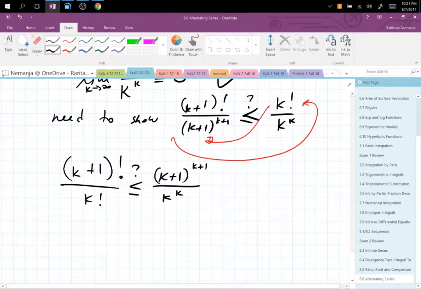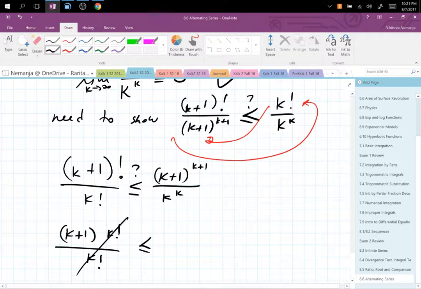K plus 1 on the left peels off, leaving k factorial behind over k factorial, and they die. On the other side, you pull k factorial from here, the k plus 1 term separates and k factorial stays behind.